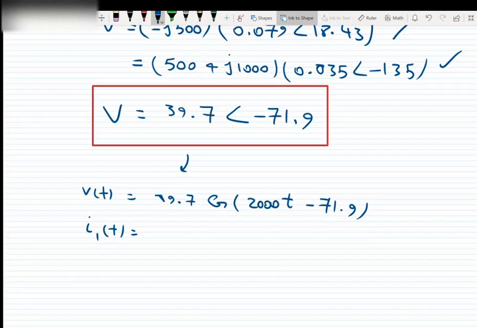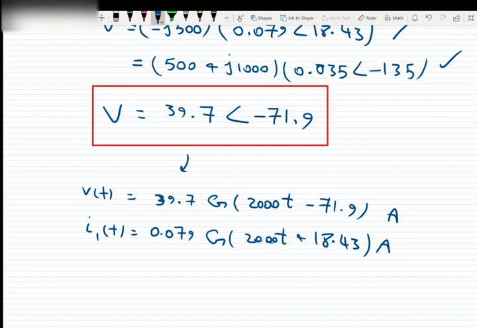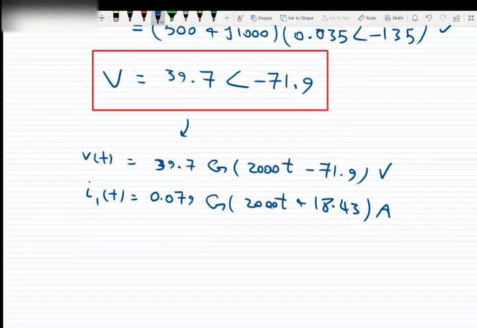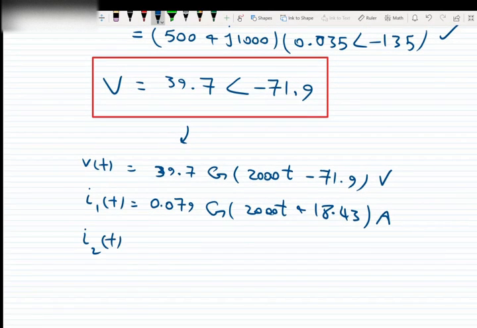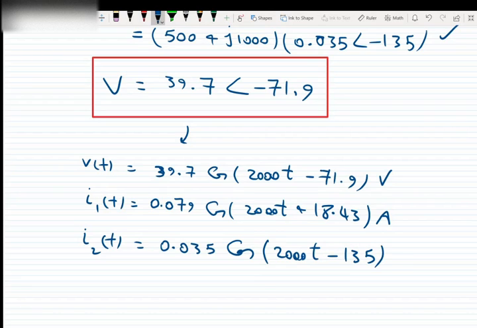I1 of t is equal to 0.079 cosine of 2000t plus 18.43 amp, and I2 of t is equal to 0.035 cosine of 2000t minus 135 amp.